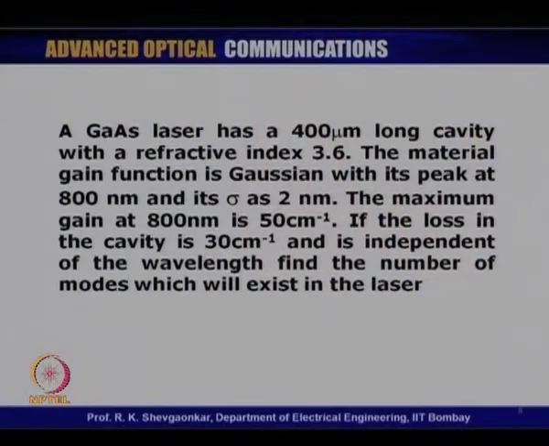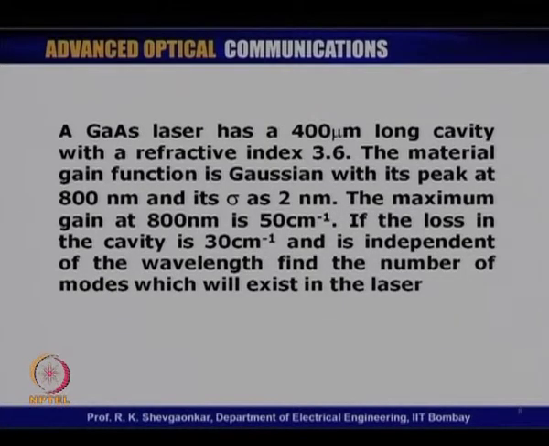So, the problem is a gallium arsenide laser has a 400 micrometer long cavity with a refractive index of 3.6. The material gain function is Gaussian with its peak at 800 nanometer and its sigma of the Gaussian function is 2 nanometer. The maximum gain at 800 nanometer is 50 per centimeter.